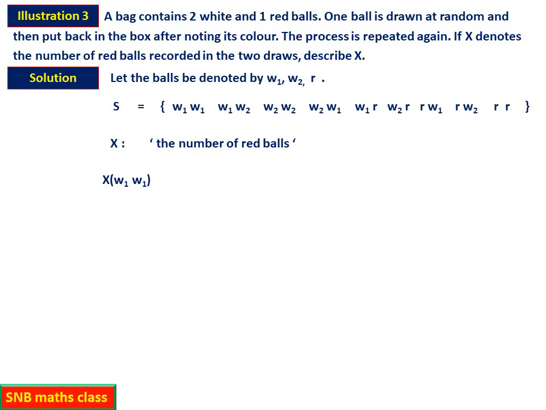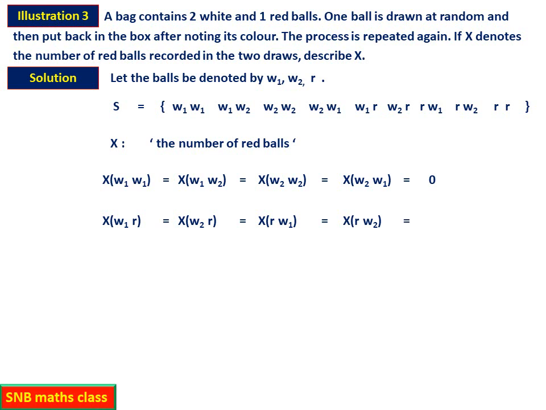Now it is very simple. X of W1, W1 means no red ball. W1, W2 also no red ball. All these are the same and their values will be 0. That means X of W1W1, W1W2, W2W2 and W2W1, all these are 0. Similarly, X of W1R is the same as X of W2R, because the random variable is the number of red balls.